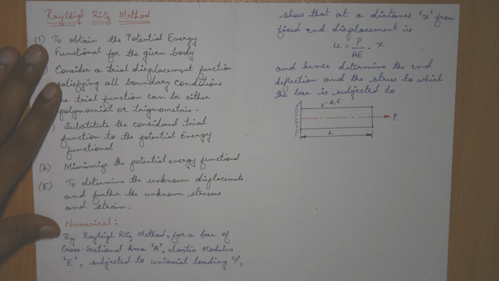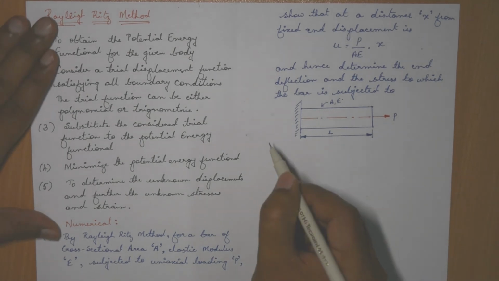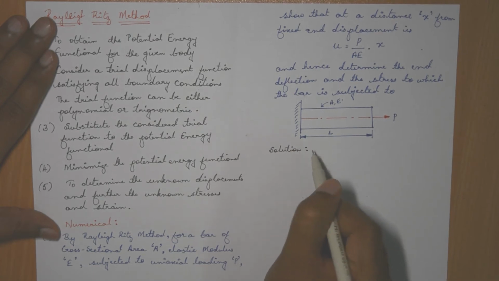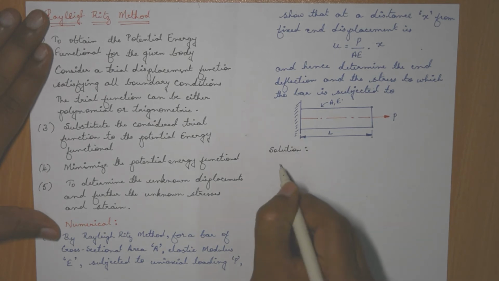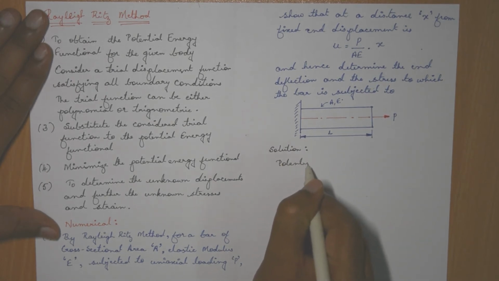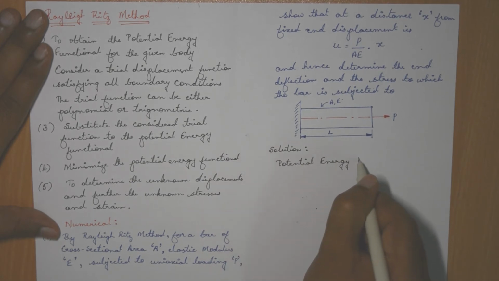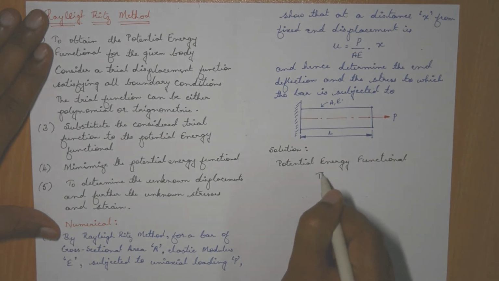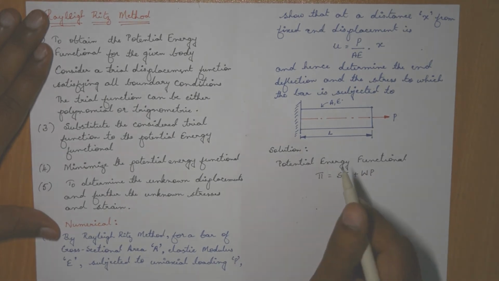Now, going by the steps that we had talked of, for the solution we need to first obtain the potential energy functional for the given body. So, potential energy functional pi equals strain energy plus work potential.